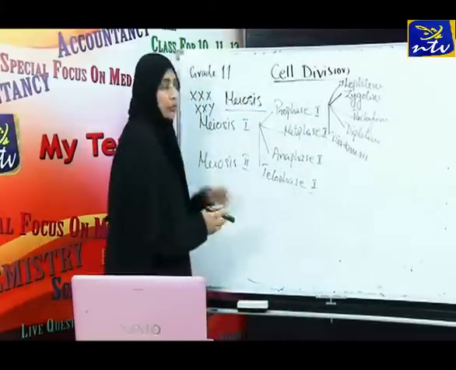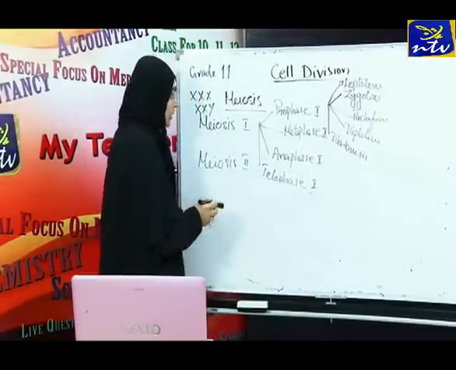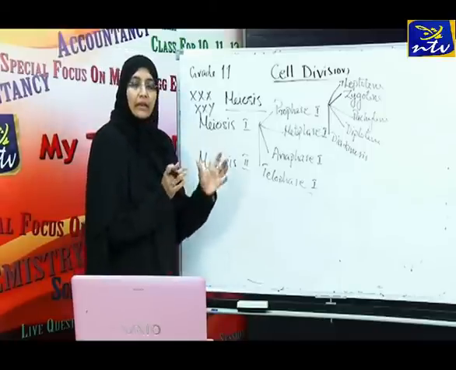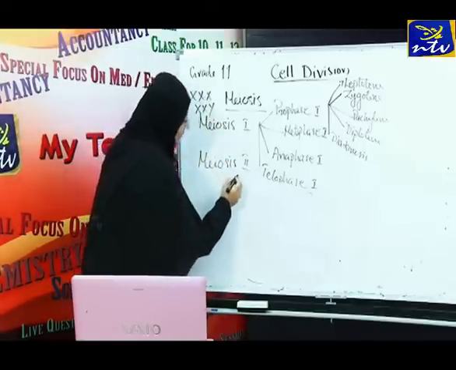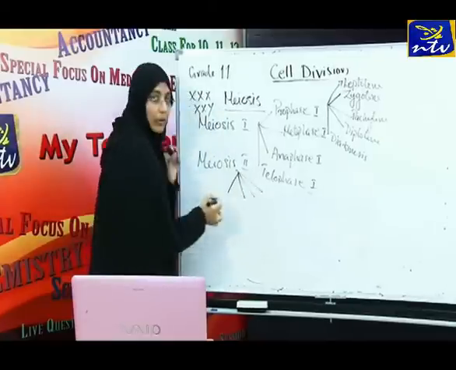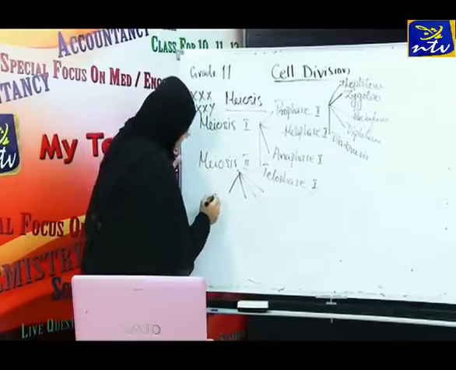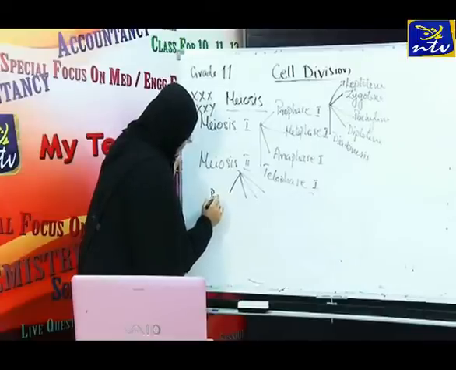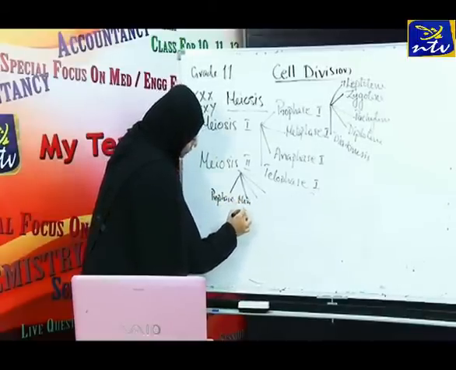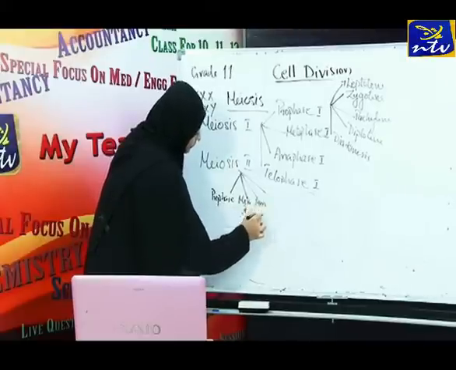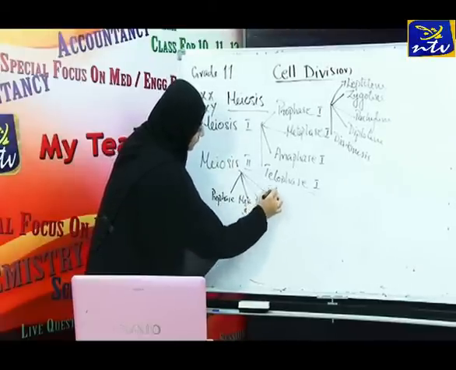Meiotic cell division 2 is very easy to remember because this is exactly the same as mitotic cell division. Again we can see the various steps: a small prophase will be there, then metaphase 2, anaphase 2 and telophase 2.